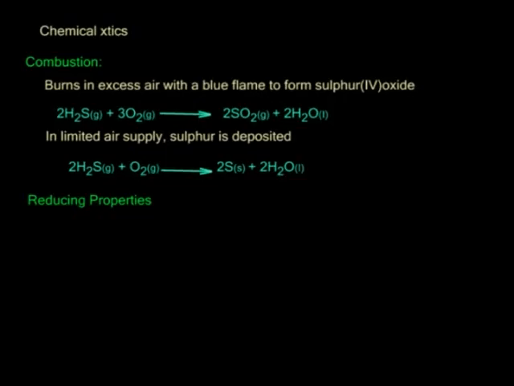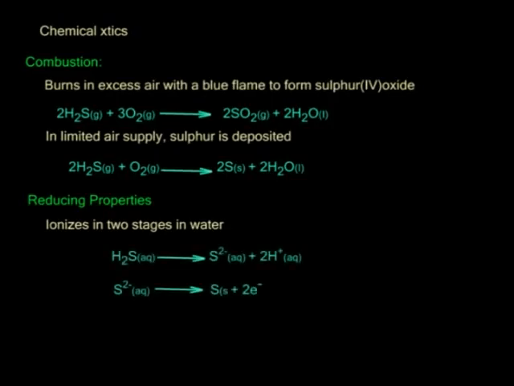During the reduction process, it is oxidized by loss of hydrogen to free sulfur. When dissolved in water, hydrogen sulfide ionizes in two stages as shown by these equations. The two electrons can be accepted by an oxidizing agent which becomes reduced. Free sulfur is deposited as a yellow substance.